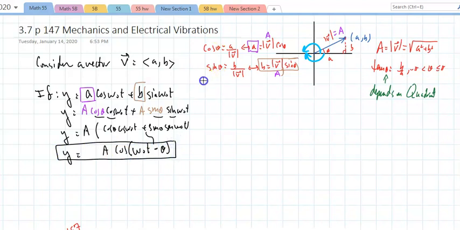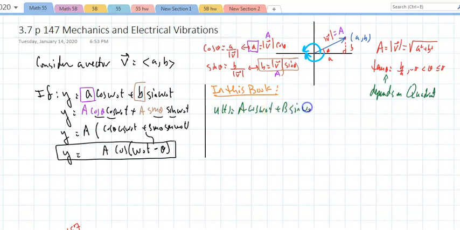So, in this book, this author specifically specifies u of t to equal a, the cosine of omega naught t, plus b, the sine of omega naught t.